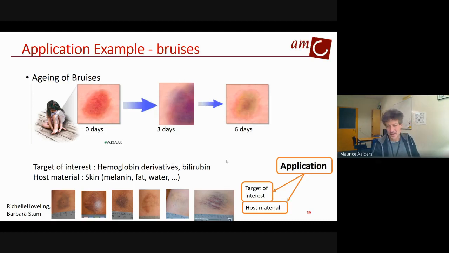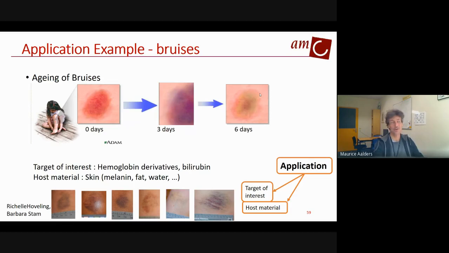But as I told you, we can do scanning of blood in the visible part. We can do scanning of water in the near infrared. We can do temperature measurement in the far infrared. So it depends on the target of interest and the host material what gives you the best contrast and how you can measure these things best. So the target of interest here is blood and the bilirubin in this case, maybe also some methemoglobin, maybe also some other forms of hemoglobin, for instance carboxyhemoglobin.